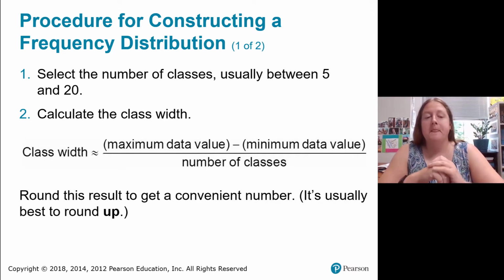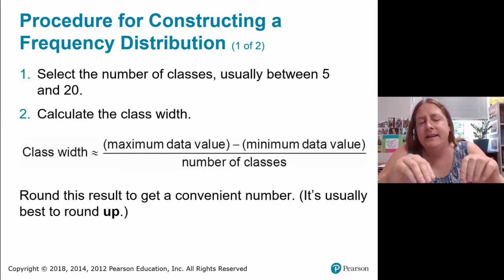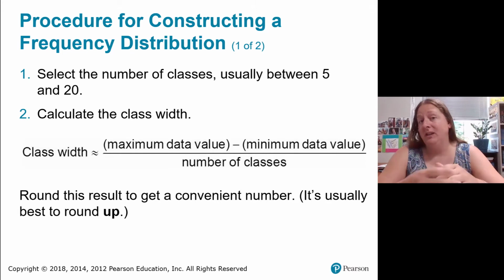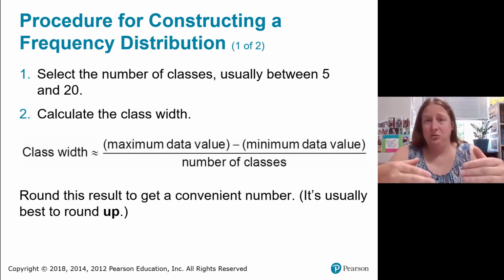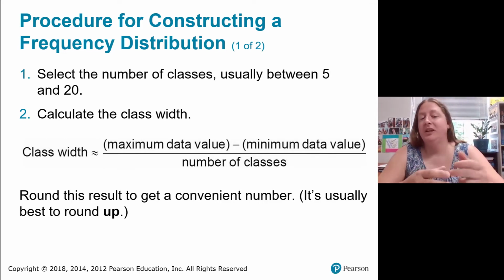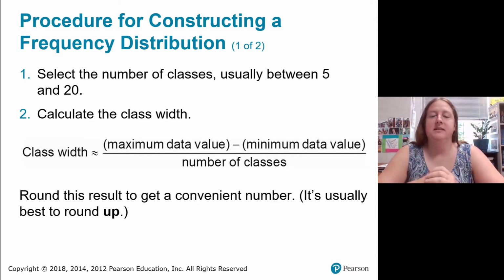Then we take that resulting number and round it up to something that makes sense. Sometimes it's the next whole number, and sometimes we'd rather work with a multiple of 5 or 10, and it makes sense to round it up that much. So we round this up to get a convenient number, whatever convenient number might mean in the context that we're given.